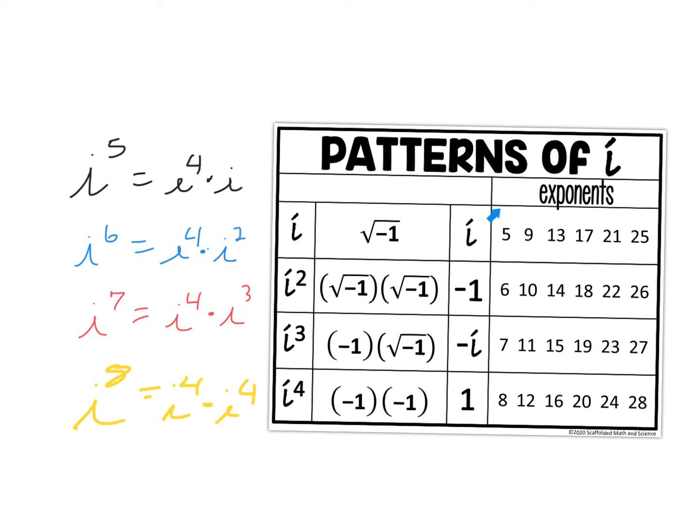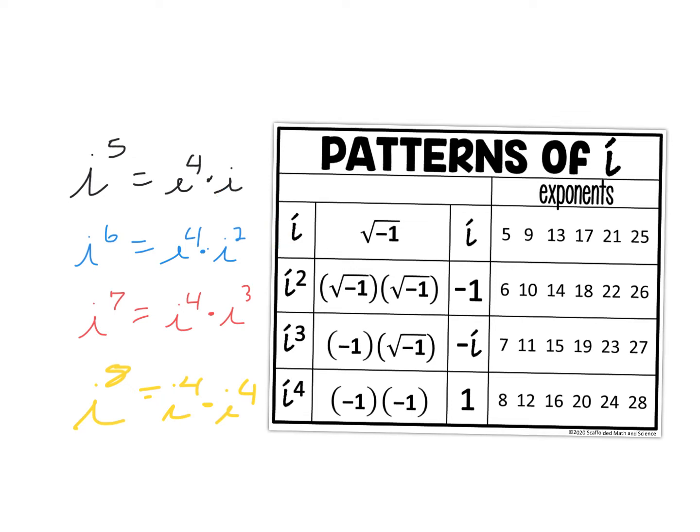If you take a look at the examples here, you can see that i to the 5th is made up of i to the 4th times i. We know that i to the 4th is 1, so that makes this 1 times i, which is i. So i to the 5th, i to the 9th, i to the 13th are all going to be made up of a multiple of 4, and then i is going to be remaining. So the answer would be i.